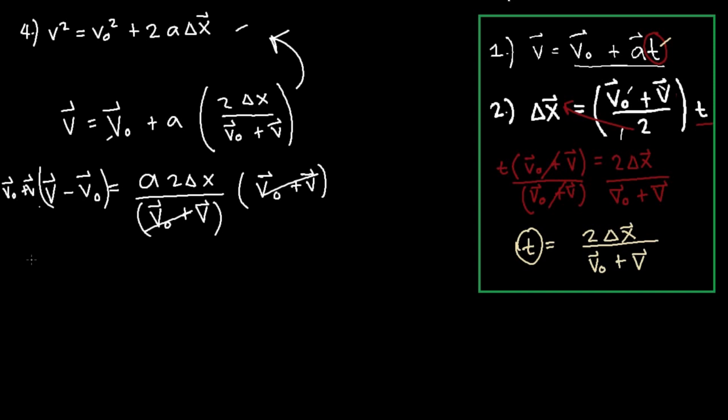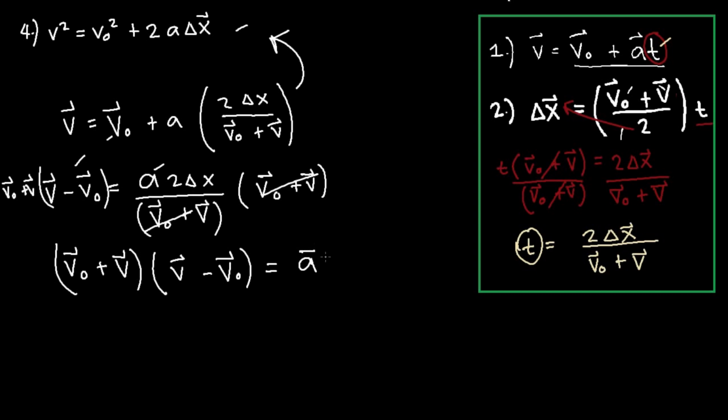So pag i-times na nato sila, so ang left side nani nga form sa equation, initial velocity plus final velocity times final velocity minus initial velocity is equal to kanina nabilin sa pikas, acceleration 2 times displacement.